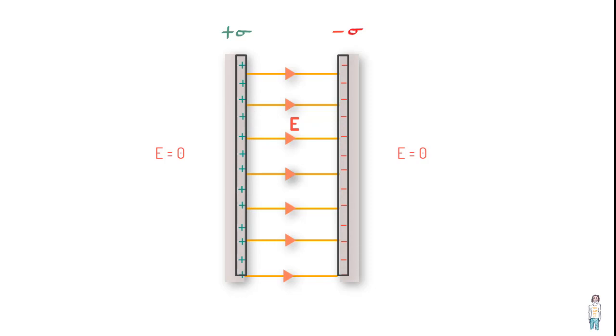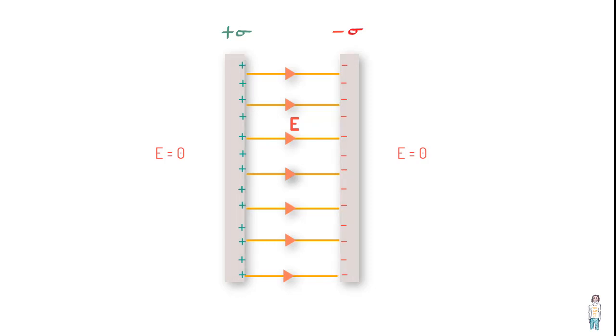Now let us go ahead and find the electric field value E between the plates. So the first step would be to establish the Gaussian surface. Since we wish to find electric field between the plates, we will take this as the Gaussian surface, with one side of the cylinder sticking inside the plate and the other projecting out.